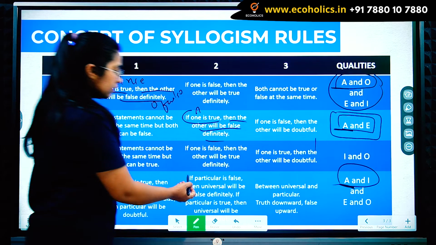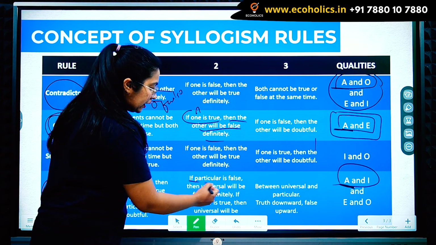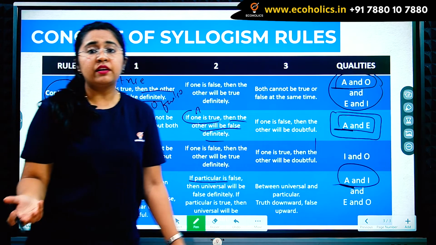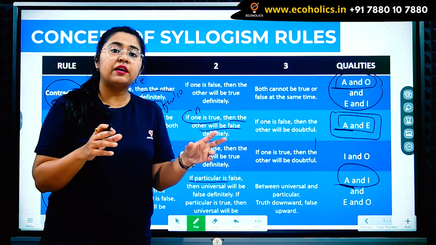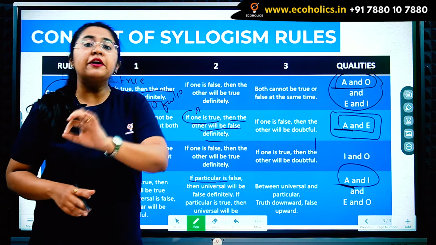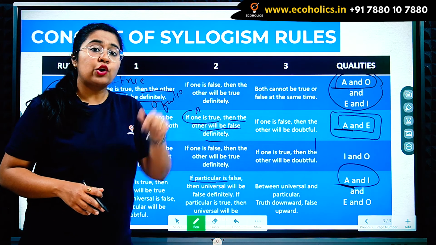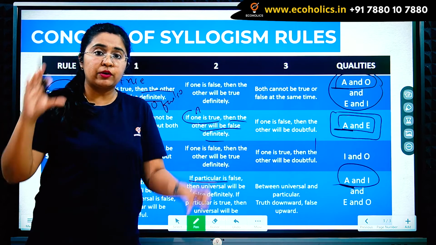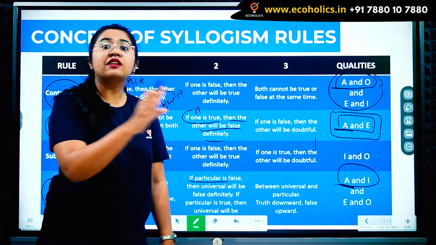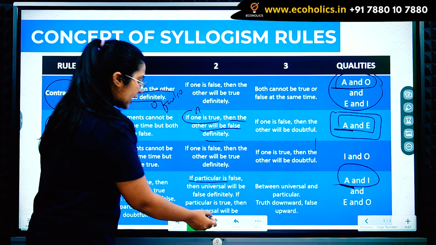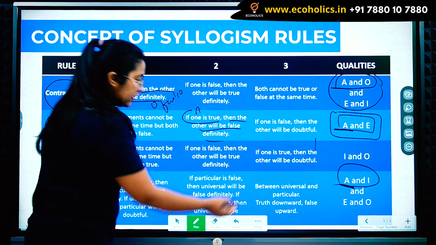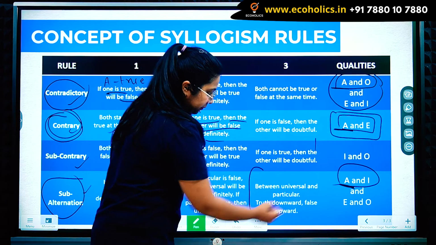So if the particular is false, now we do not have particular, it is universal. Particular means we are talking from the particular side, but we are presently talking from the universal statement side because they are saying if A is true. So we do not need to look at this one. Rather, we are going to look at this one.